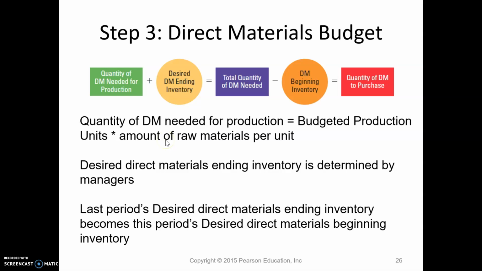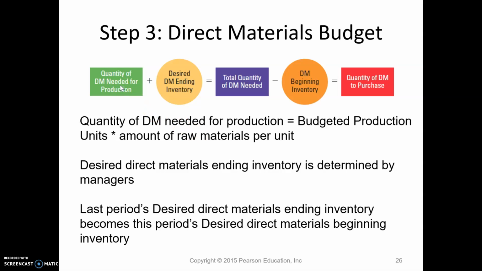So for every finished goods unit, you need, let's say, 2 pounds of raw materials, right? So actually, our starting point is the units to produce from the production budget. Multiply that by the amount of raw materials per unit. That gives you the quantity of direct materials needed for production.